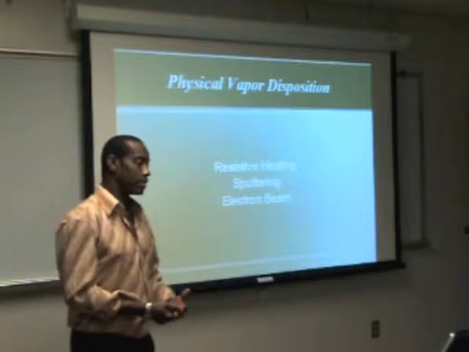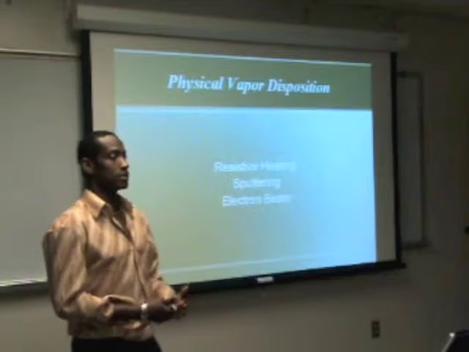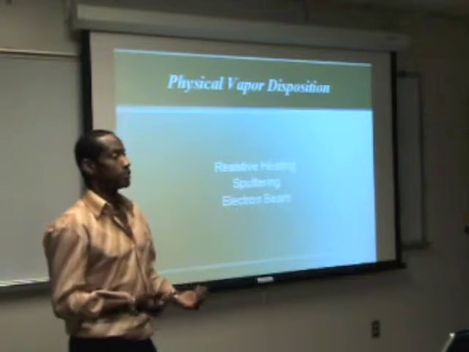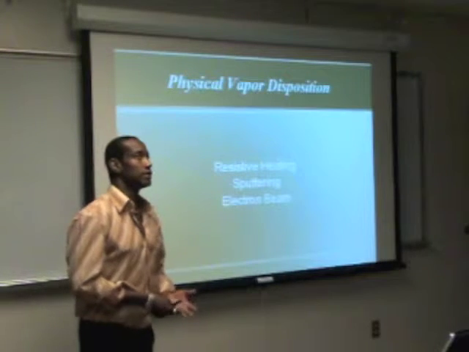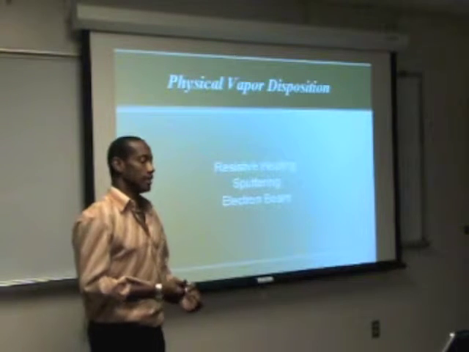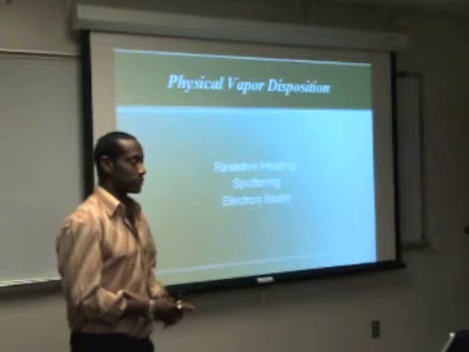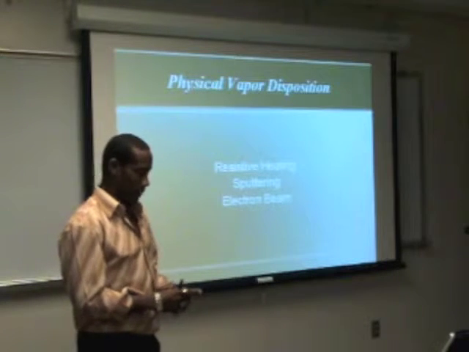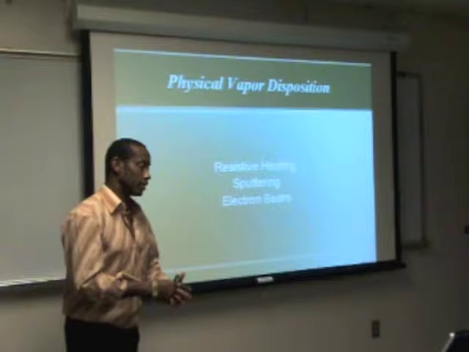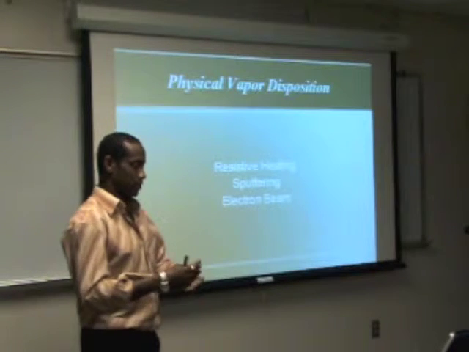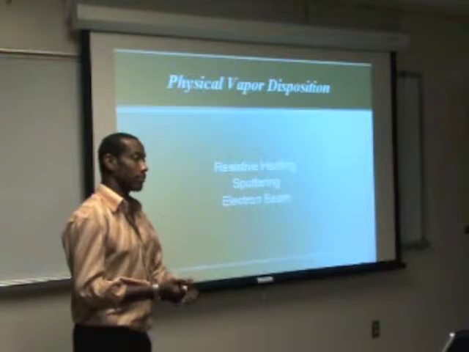Resistant heating basically takes an element and heats the material to a temperature to vaporize. Sputtering uses an inert gas like argon, and it heats that gas until it turns into a plasma, and that plasma, along with ionization, takes our source material and vaporizes it.